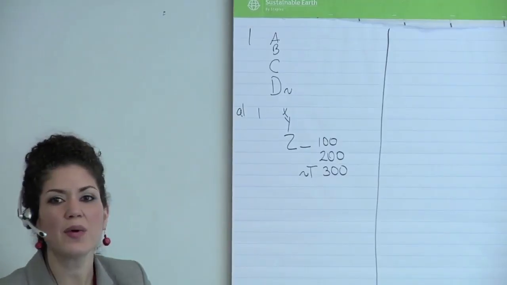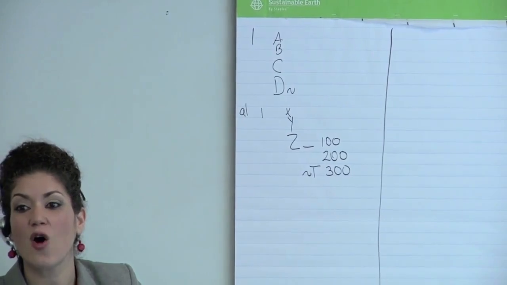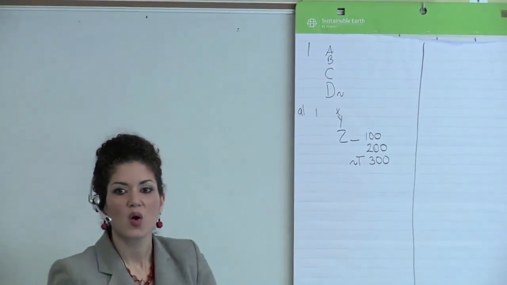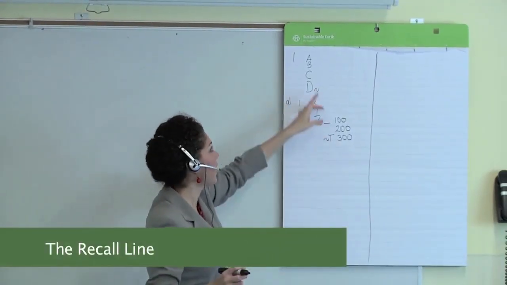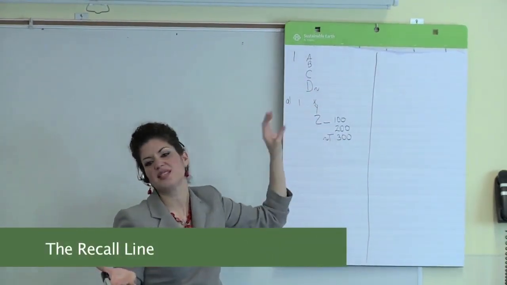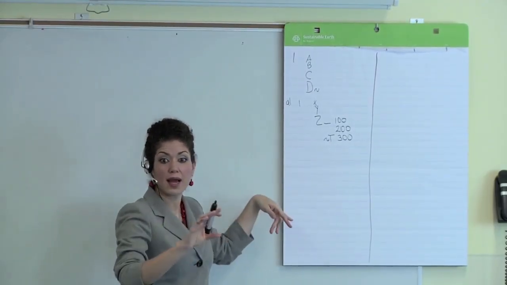Okay. Now, I want to show you guys a little trick. This little trick is called the recall line. Okay? We want to save as much time as possible. So, we already had one. In this case, one is not such a difficult thing to write, but sometimes we have a full name written out. Okay?